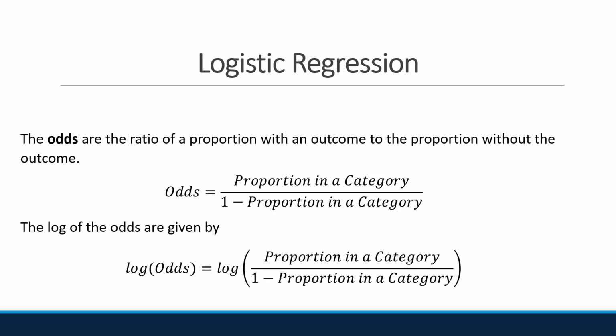When the outcome variable is a dichotomous categorical variable, instead of modeling the 0-1 outcome itself, we need to model the log of the odds of having the outcome of interest. Recall from Module 5, odds give us a way to compare the proportion with a certain outcome to the proportion without the outcome. The odds are the ratio of the proportion with an outcome to the proportion without the outcome. The log odds are given by taking the log of the odds.